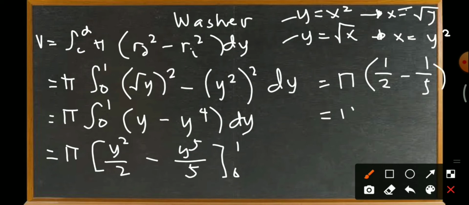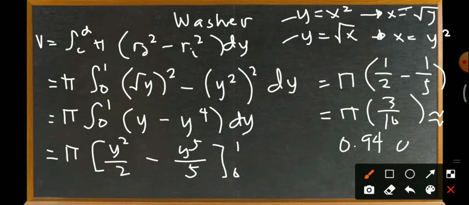We have now pi times 3 over 10, or approximately 0.94 cubic unit. So using the washer method, the volume of the solid is 3 over 10 pi, or approximately 0.94 cubic unit.